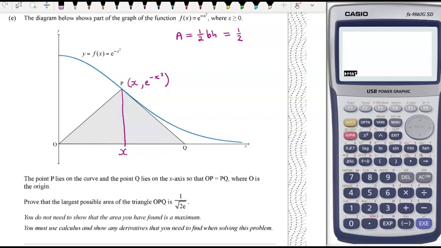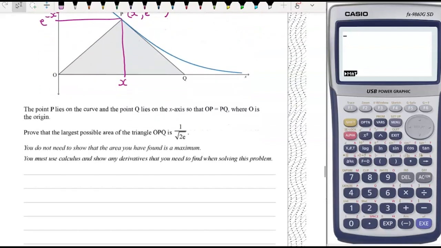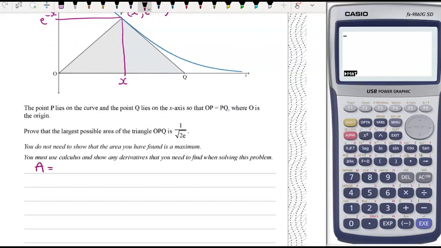It's an isosceles triangle. So the base will be 2 times the x-coordinate, and the height is just the value of y at that point, which is e to the minus x squared. So times e to the minus x squared. So that simplifies to being x e to the minus x squared. So let's pop that down here. Area is x e to the minus x squared.